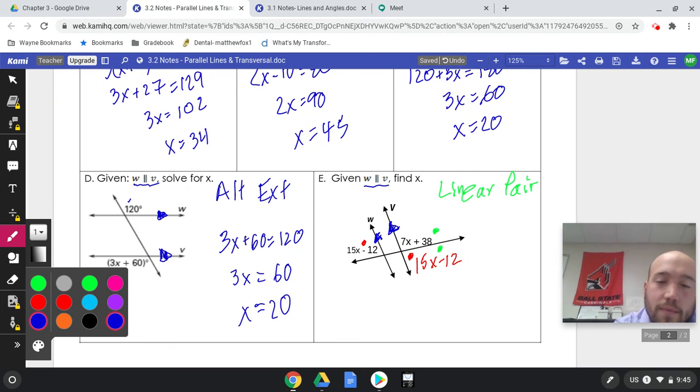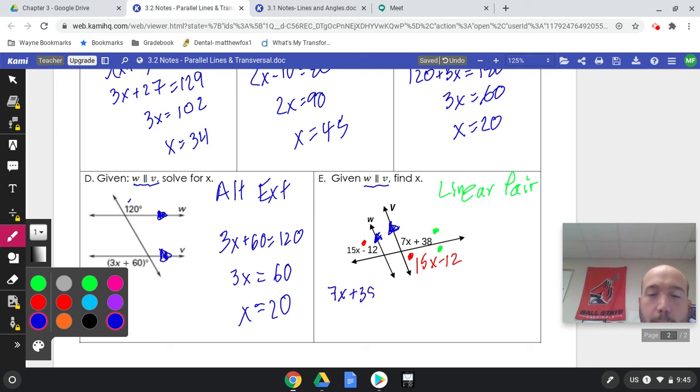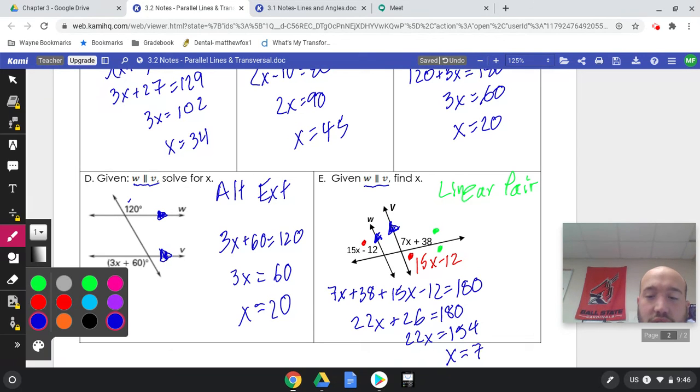So now we can do 7x plus 38 plus 15x minus 12 equals 180. And we're going to combine our like terms. We get 22x plus 26 equals 180. Subtract the 26 and we get 22x equals 154. At this point we divide and we will get x equals 7.